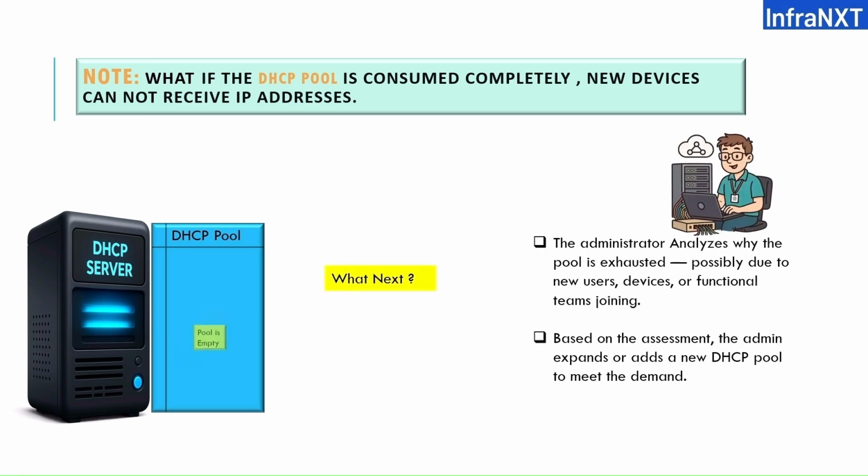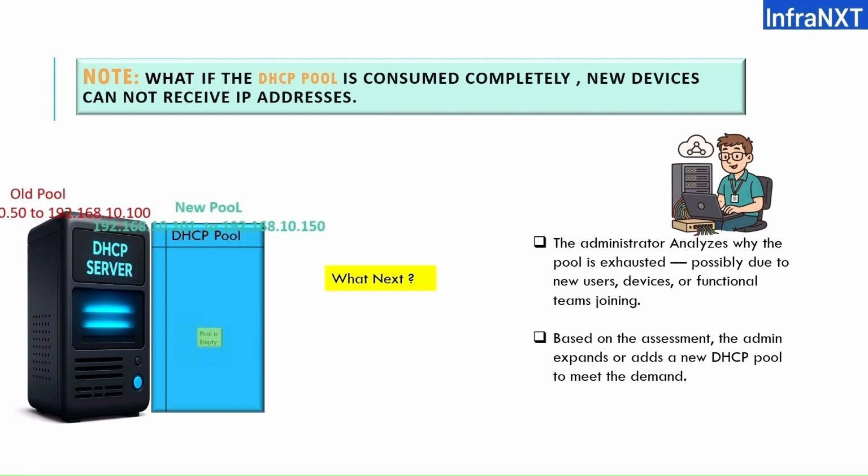The administrator analyzes why the pool is exhausted, possibly due to new users, devices, or a functional team joining the network. Based on the assessment, the admin expands or adds a new DHCP pool to meet the demand.